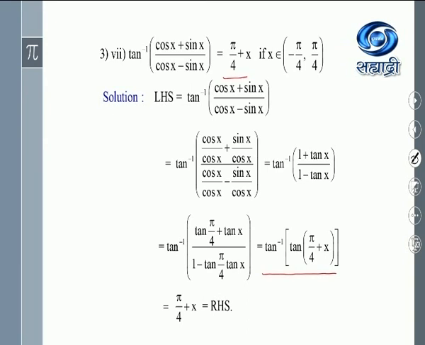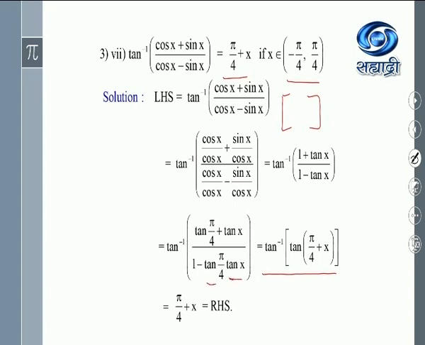Clear? Now about the condition. The condition given is what? It is the open interval minus pi by 4 to plus pi by 4. Pi by 4 means 45 degrees. Now, if this is the closed interval, square bracket, what will happen? In the formula, if I put x as 45 degrees, what will happen?